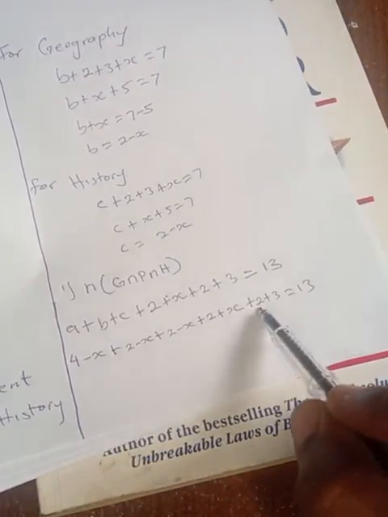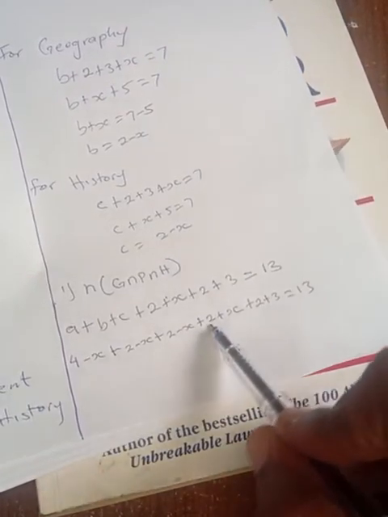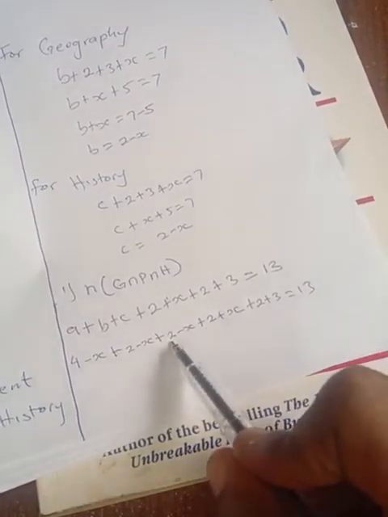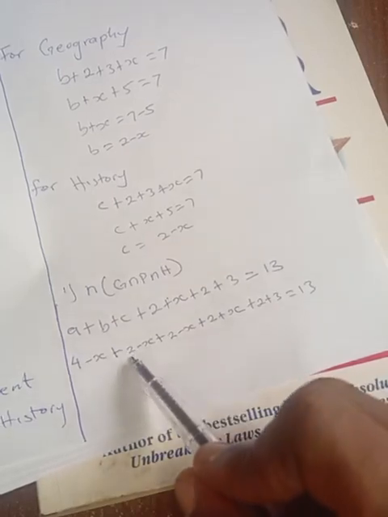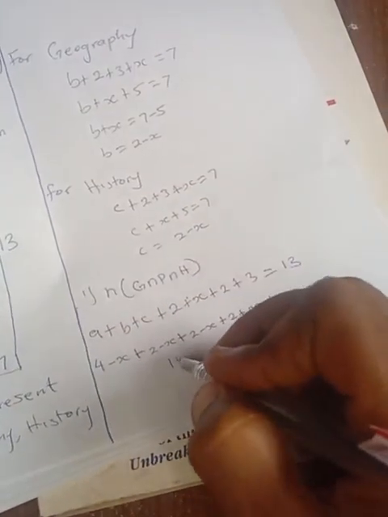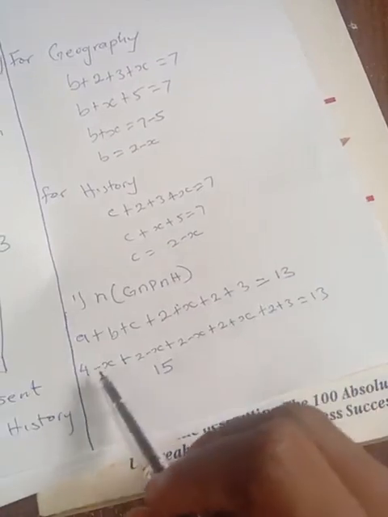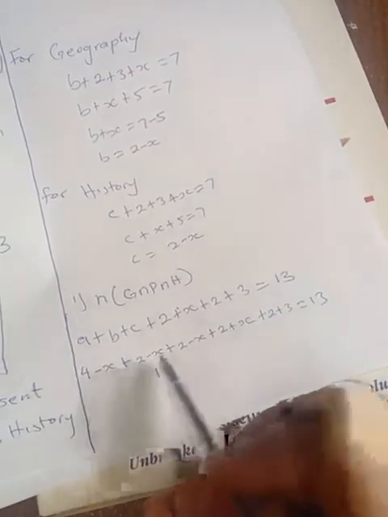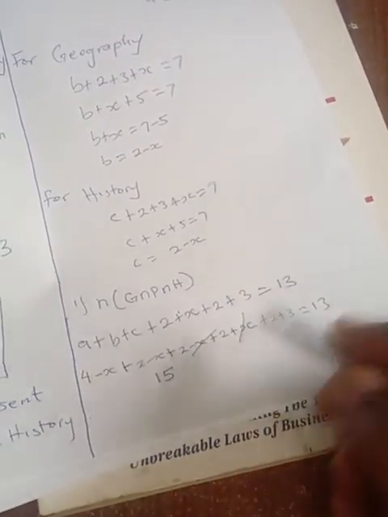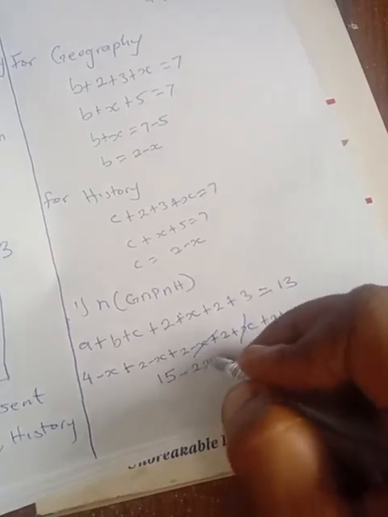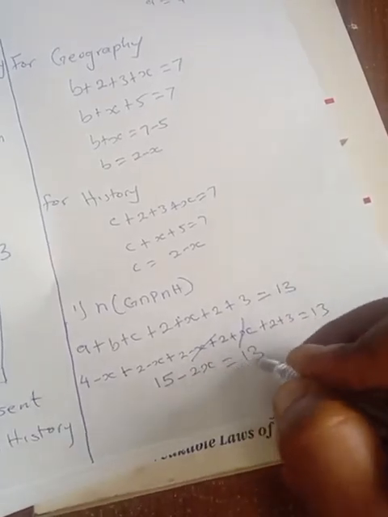Let's add up all the numbers. 3 plus 2, 5 plus 2, 7 plus 2, 9 plus 2, 11 plus 4, we have 15. Let's look at the x. Minus x minus x, that's minus 2x. This x, we cancel this x. Minus 2x equal to 13.